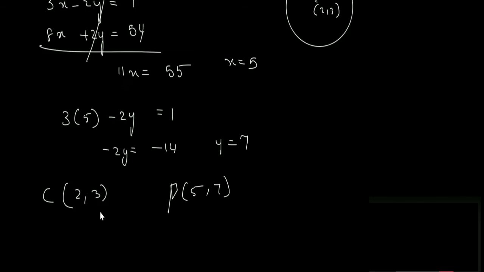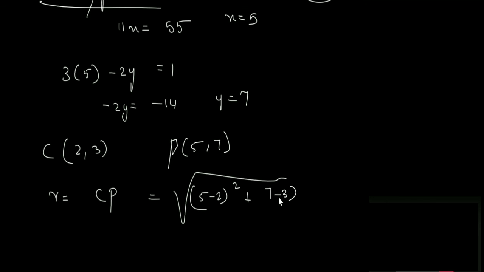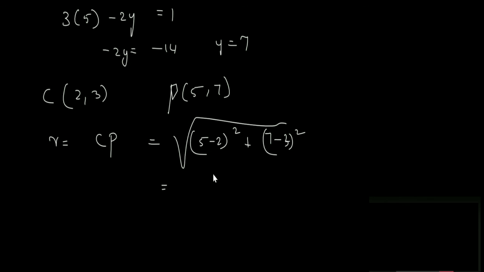So CP is the radius, right? The radius is CP, distance formula, that is root of 5 minus 2 the whole square plus 7 minus 3 the whole square. 3 square, that is 9, plus 7 minus 3, 4 square, 16. Root of 9 plus 16, 25. So 5. So radius we found it as 5.